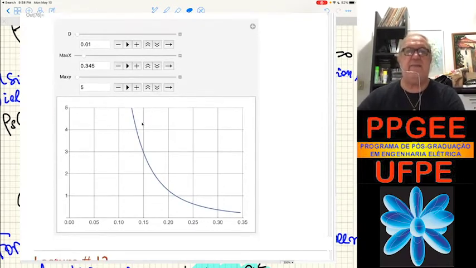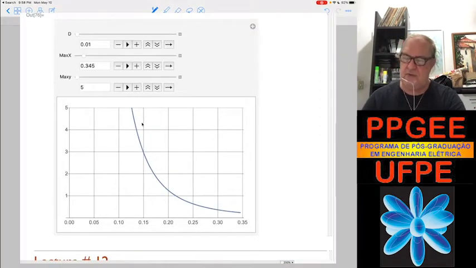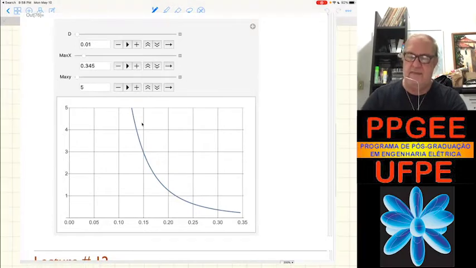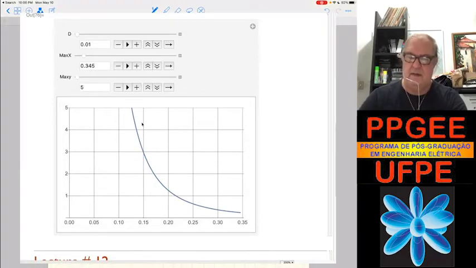This is a plot of minus the charge density. I'm making a plot of minus rho s versus r.